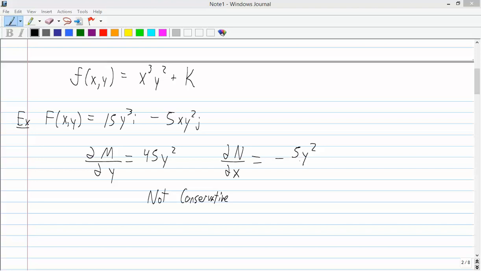Alright, so now we're going to look at something called the curl of a vector field.